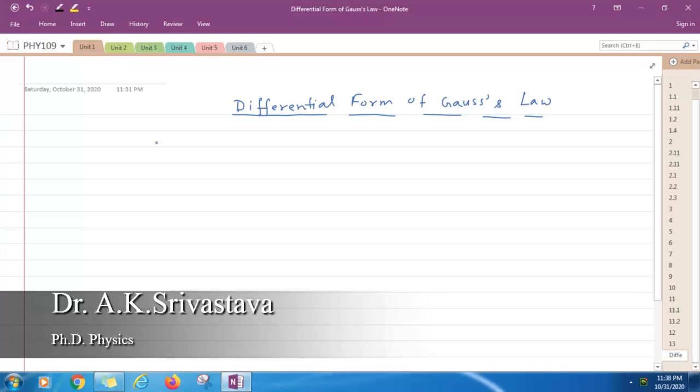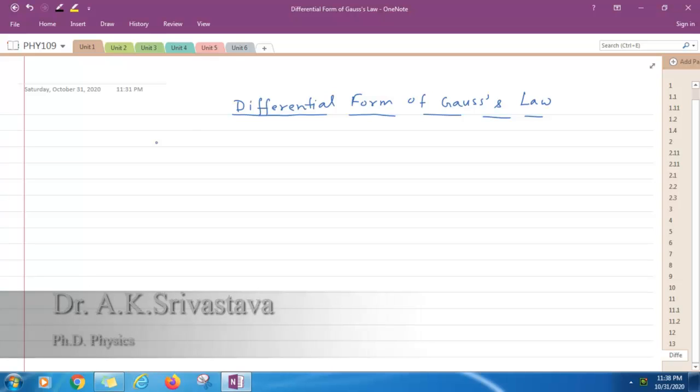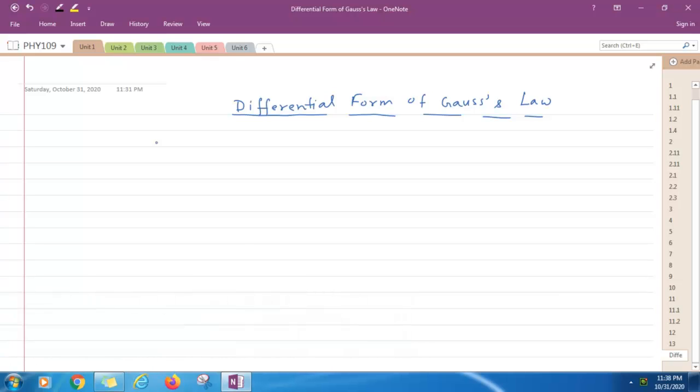In this video lecture, I am going to derive the differential form of Gauss law. Suppose a charge is distributed over a volume, and rho is the volume charge density. This is the volume, and charge is distributed over this volume, and rho is the volume charge density.